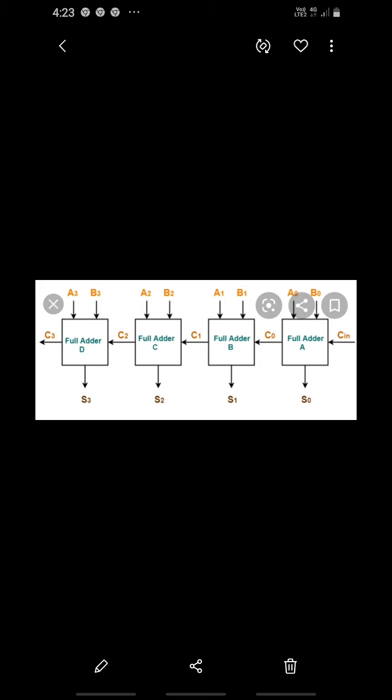So here full adder A, B, C and D here. A digital circuit that adds two binary numbers at a time and produces a sum and carry is called a parallel adder. The circuit diagram of parallel adder using full adder is shown in the above PPT.